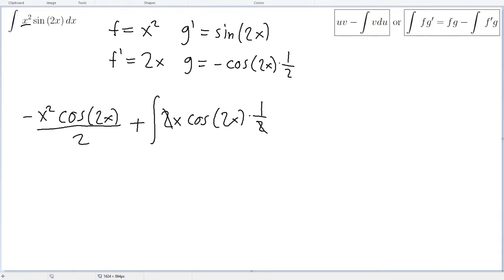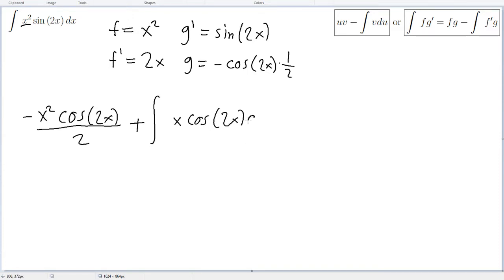So we got this 2 here, and this is pretty much what we have left, right? If I can erase this quickly. Okay.